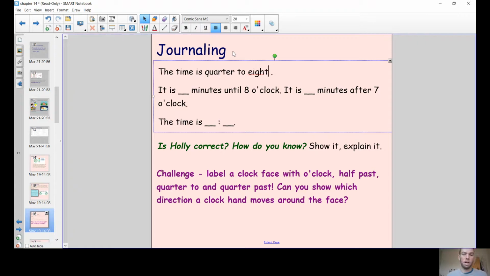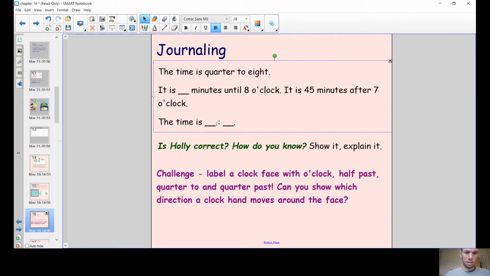I'm going to use my spelling, one of my A families. Okay, it is, how many minutes until, I'm going to come back to that one. It is 45 minutes after 7 o'clock.